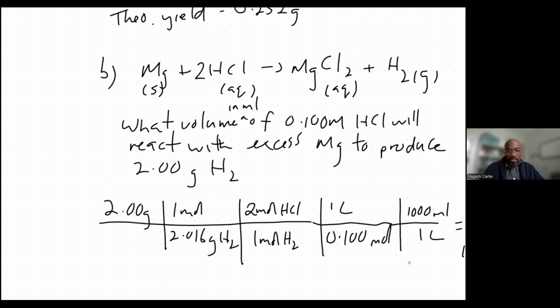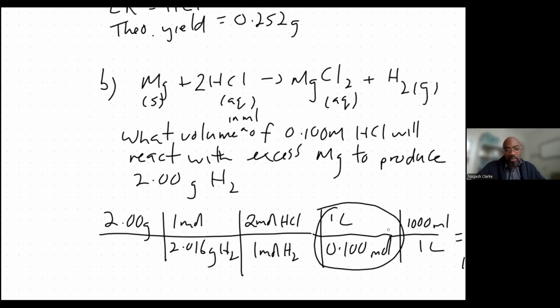Okay, so this is really how we use molarity as part of our stoichiometry. The big deal comes in understanding what molarity means. If you see 0.100 M, that means there's 0.100 moles in 1 liter. So it's now a conversion factor, just like molar masses, grams per mole, density, grams per milliliter. That's really what we have to do with molarity.